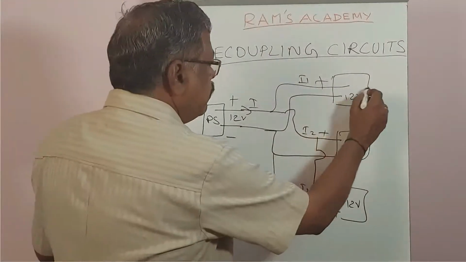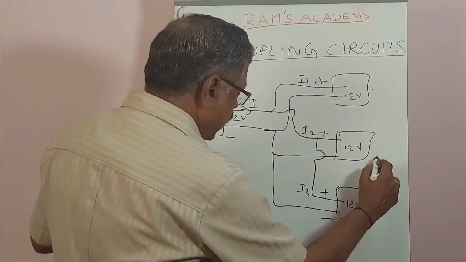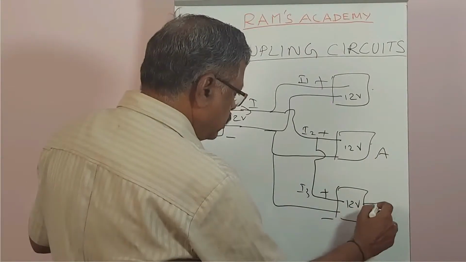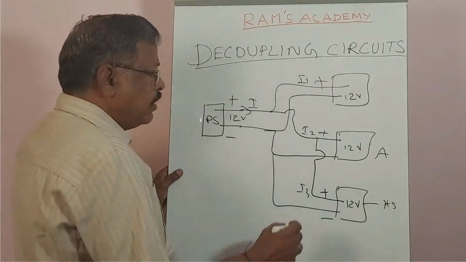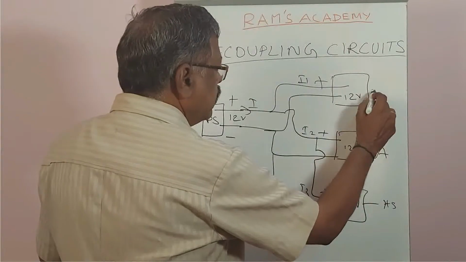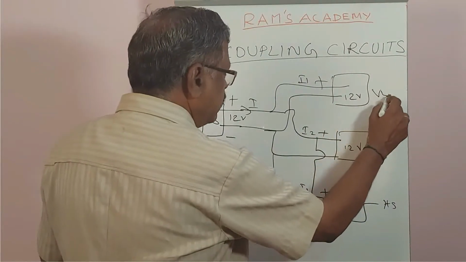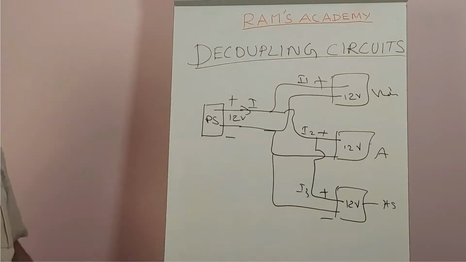This may be amplifying the audio, this may be providing a supply for the horizontal oscillator in a TV, and this may be used for video amplification. When that is the case, the whole unit is functioning.